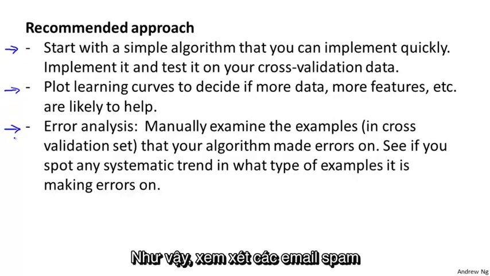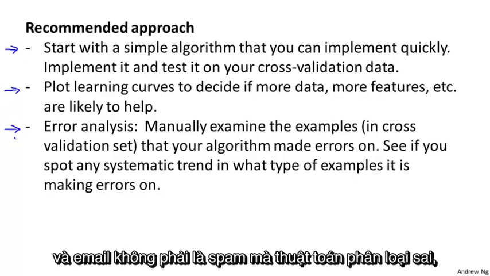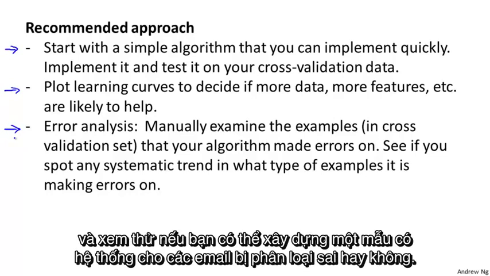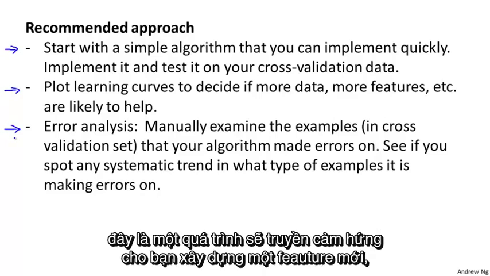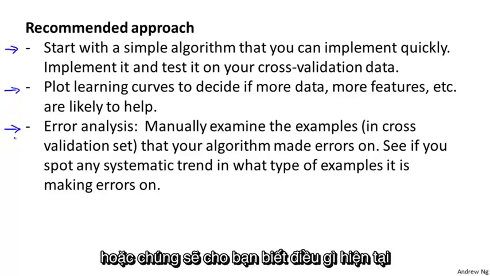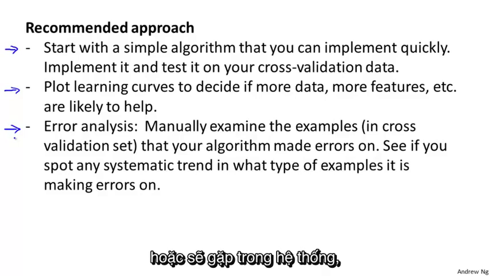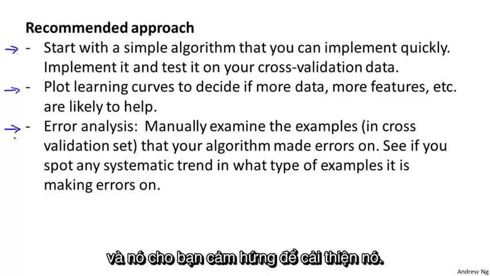So look at the spam emails and non-spam emails that the algorithm is misclassifying, and see if you can spot any systematic patterns in what type of examples it is misclassifying. And often by doing that, this is the process that will inspire you to design new features, or they'll tell you what are the current shortcomings of the system and give you the inspiration you need to come up with improvements to it.